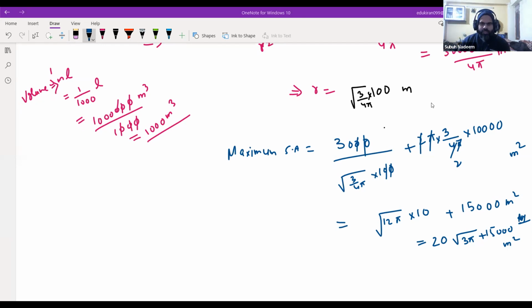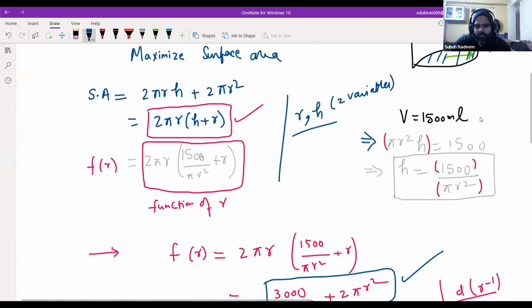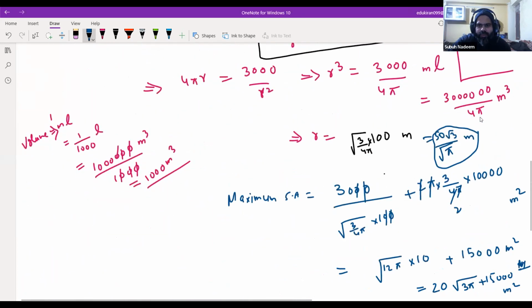So dimensions mean radius and height. The radius will become root over 3, the 2 will cancel, pi meter. And the height is 1500 by pi r square, right?